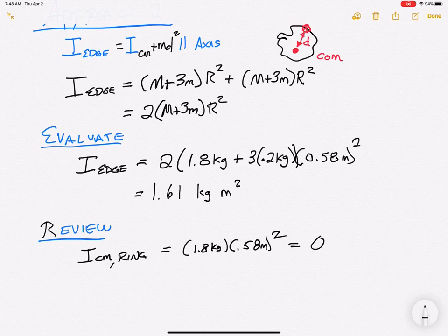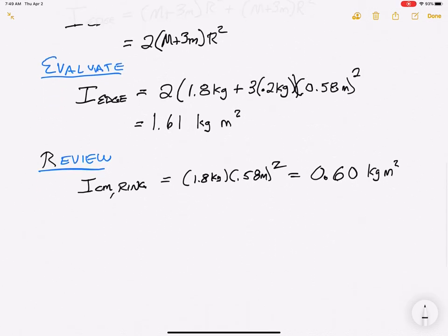And I get 0.60. And again, kilograms meters per second. Sorry, that was a slip. Kilograms times meters squared.